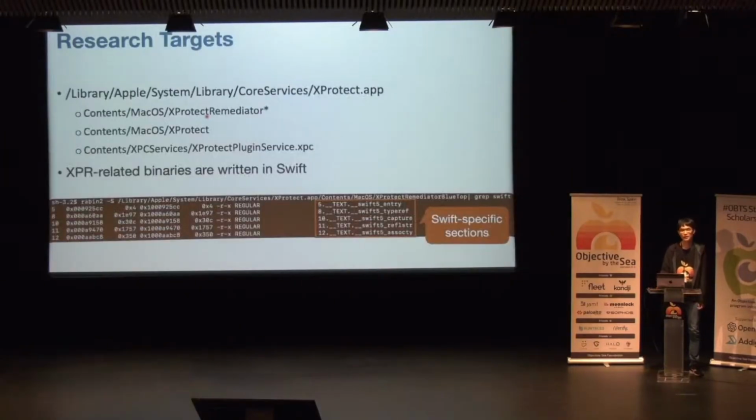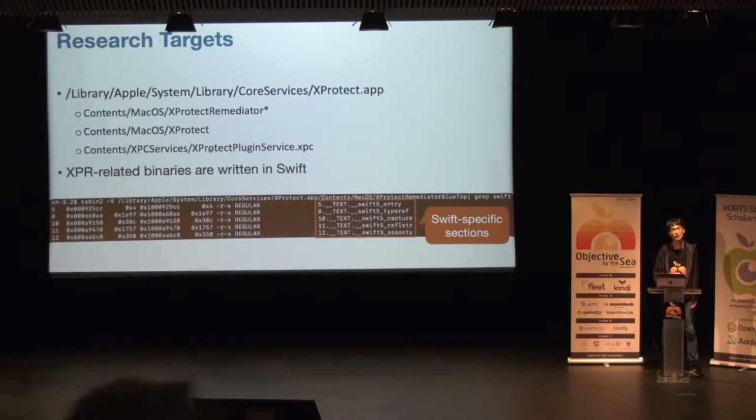The main research target is this application bundle, the XProtect app. Inside this bundle, under the Contents/MacOS directory, there are more than 20 different scanning modules. They are all about 2 megabytes in size. There's a binary named XProtect, not to be confused with the traditional XProtect, and there's an XPC service named XProtect Plugin Service.